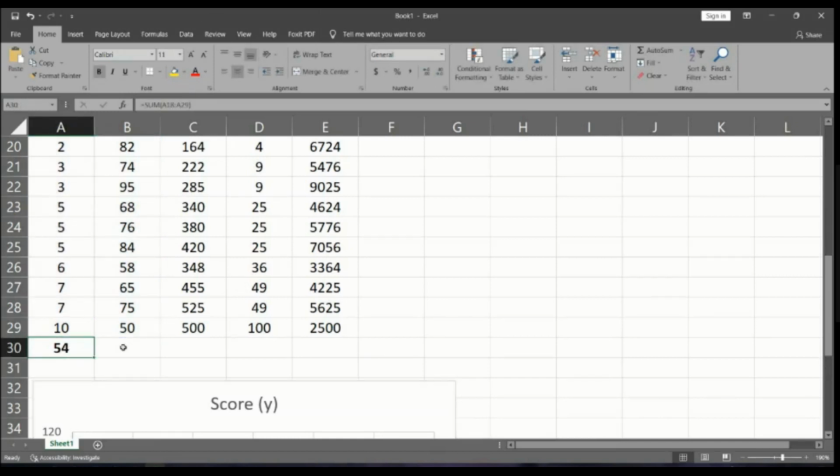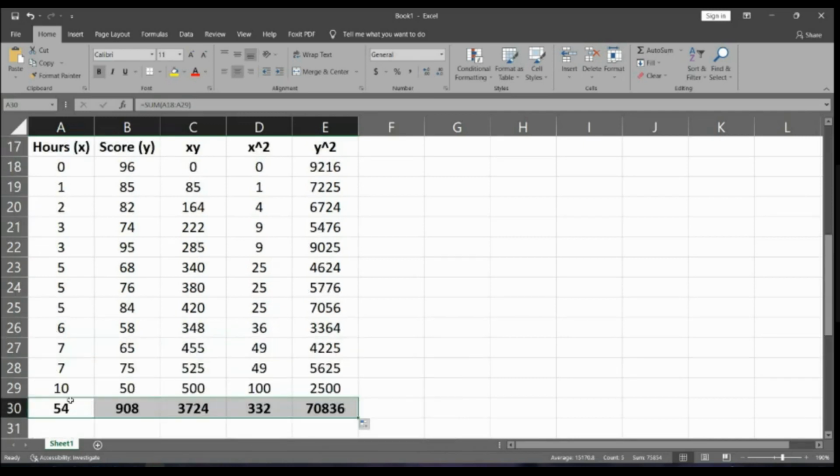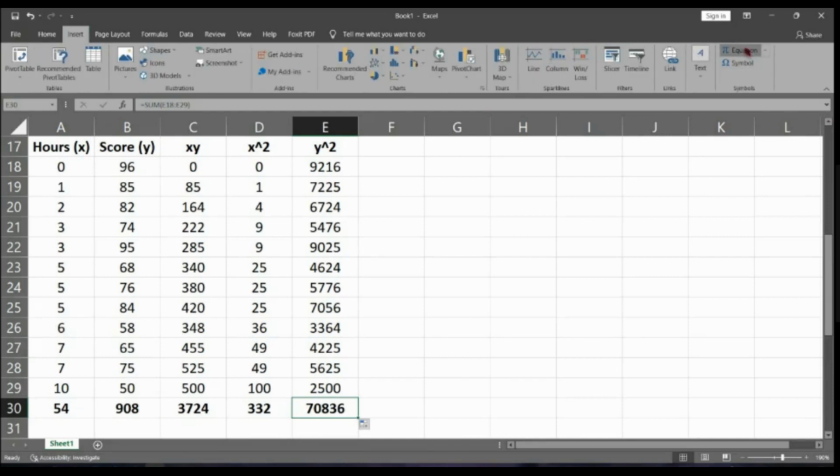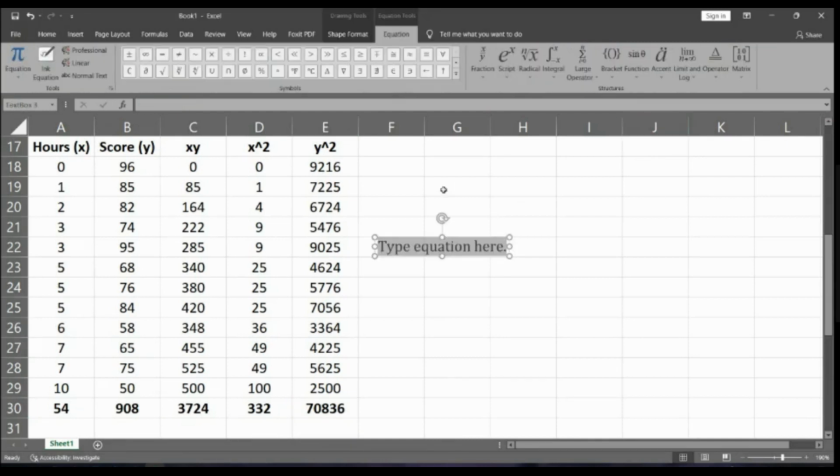Kanina vertically tayo na eh. So this is horizontally. Drag nyo lang horizontally and the formula will be copied. You now have these values: 54, 908, 3724, 332, 7,836. And using these values, we may now use the formula of Pearson R.